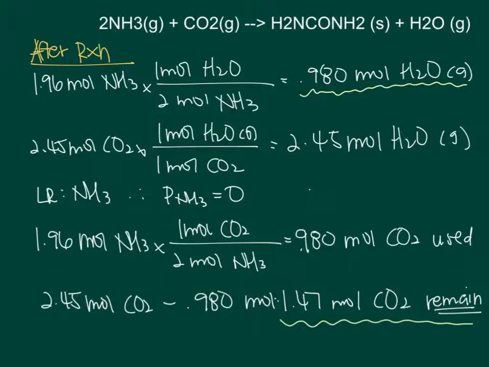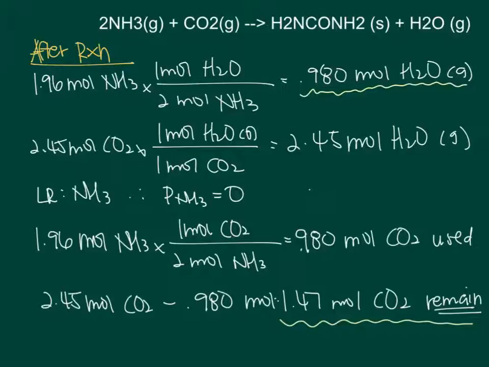We compare it to the carbon dioxide. We start with 2.45 moles of carbon dioxide, and for every 1 mole of carbon dioxide, we form 1 mole of water vapor, giving 2.45 moles of water vapor. From here, we know that ammonia is the limiting reagent because it gave the lowest amount of water vapor formed. That also means when we calculate the total pressure, the partial pressure of NH3 will no longer be there because it has all been used up.